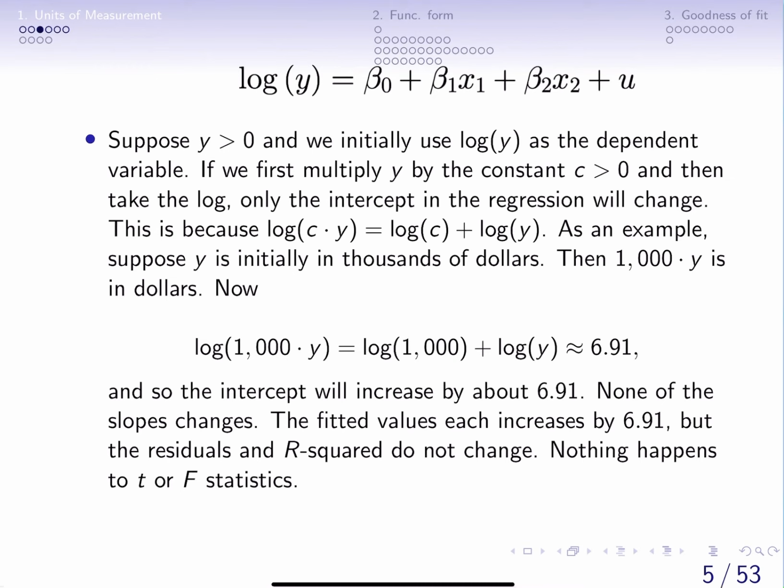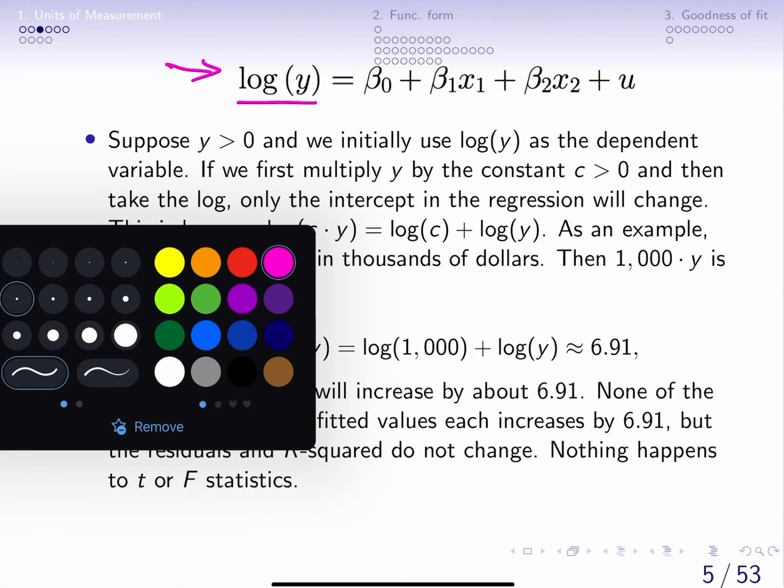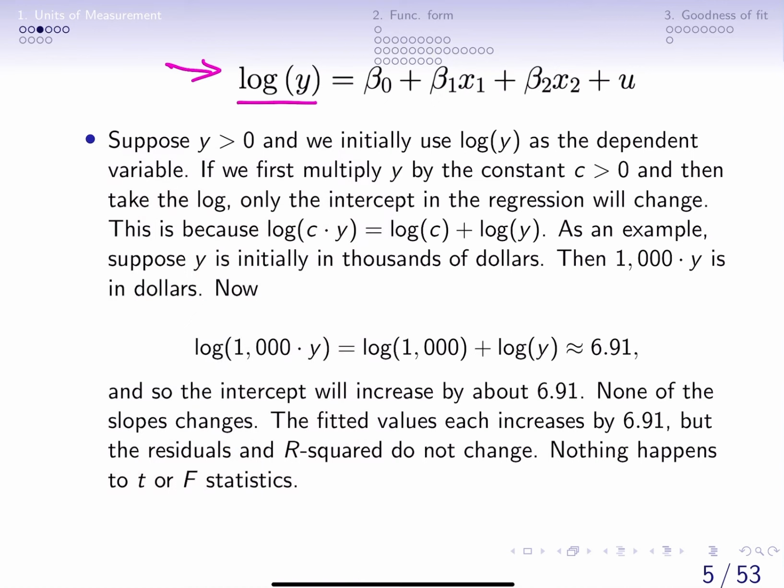Now let's take a look at what happens if we have an equation like this where we have log y as our dependent variable. Everything else on the right-hand side is pretty similar to before, but on the left-hand side you have log of y. What happens if we now do the same thing to y? We were scaling y by the constant c, where c is strictly positive.